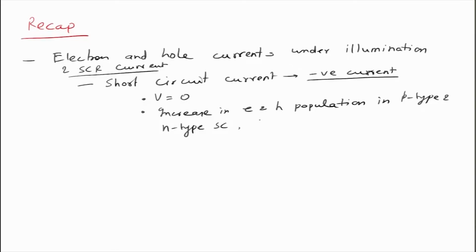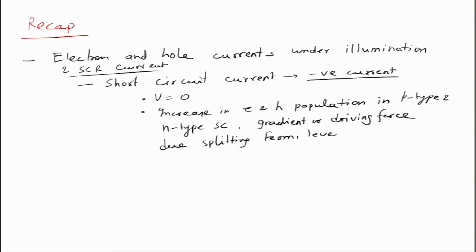What it means is that holes travel from n side to p side and electrons travel from p side to n side, and this happens because you have a gradient, or driving force, due to splitting of Fermi levels.